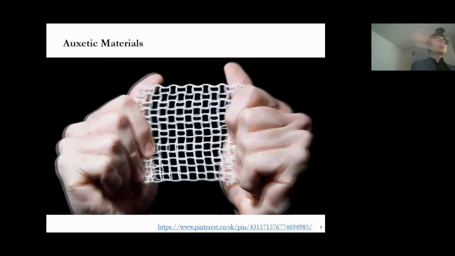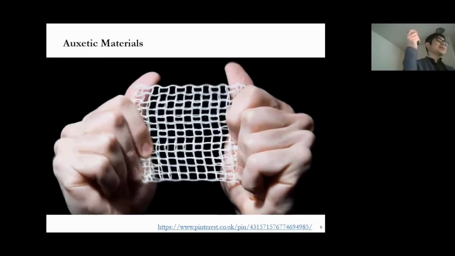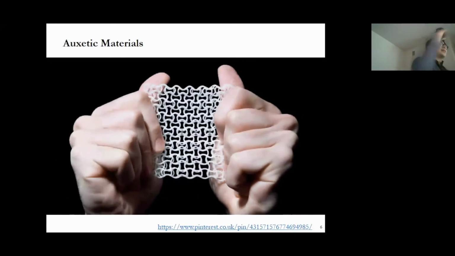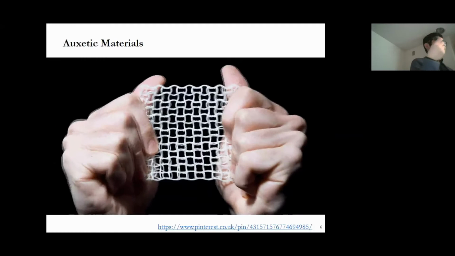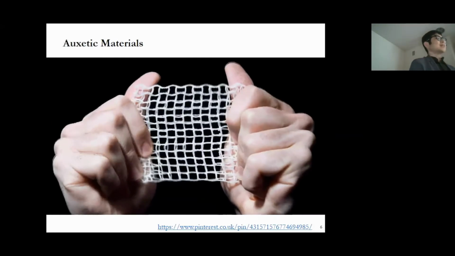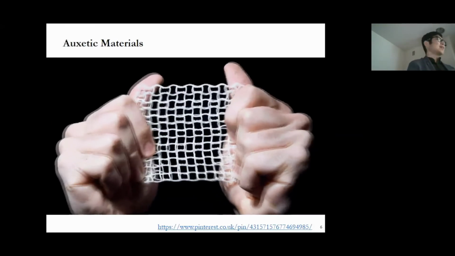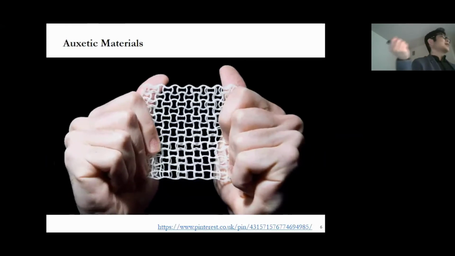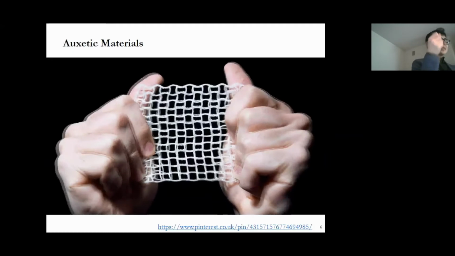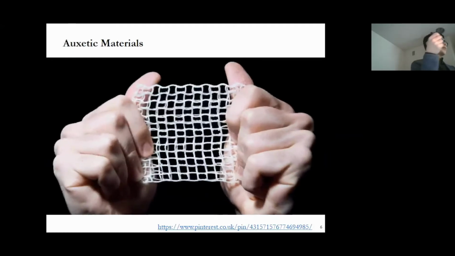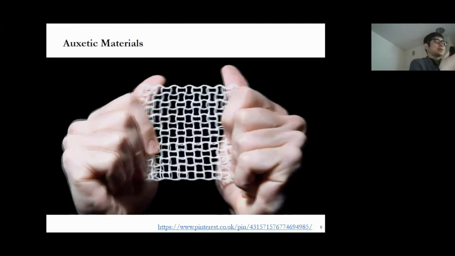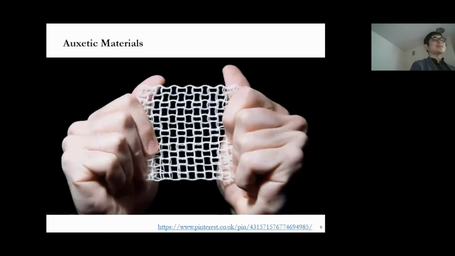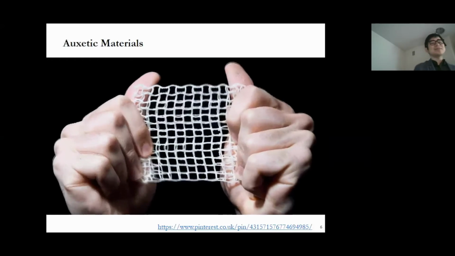It means if you stretch some material, on the other two sides of the stretching, it will not shrink like a rubber, but actually it will expand. Or if you squeeze the object in some direction, the other two directions will also shrink. So this is a kind of negative deformation, and it's called negative Poisson's ratio.